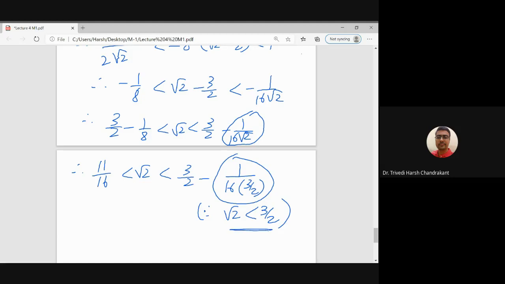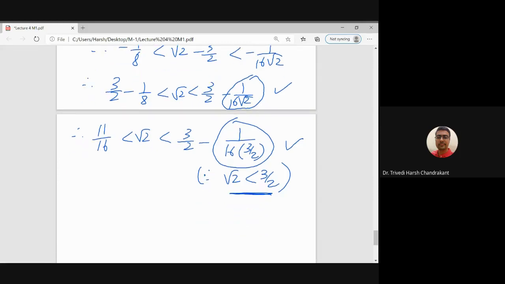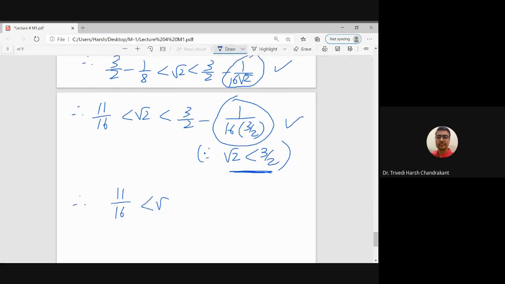So this initial statement we are using to say that this term is less than this term, right? So finally what we get is we are getting rational numbers in between the value of root 2 is that.